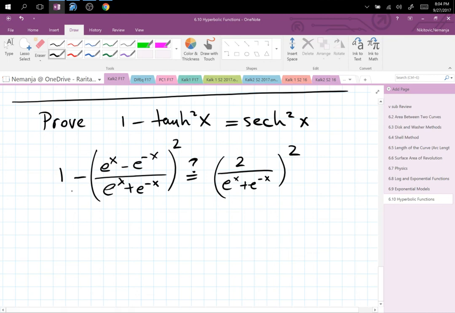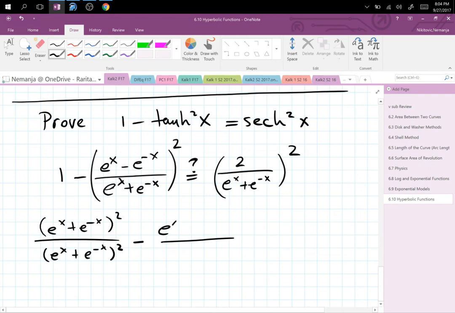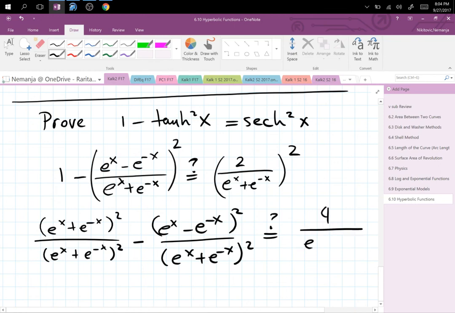Well, I would have to write 1 as (e^x + e^-x)^2 over (e^x + e^-x)^2, minus (e^x - e^-x)^2 over (e^x + e^-x)^2, equals 4 over (e^x + e^-x)^2. So observe that all denominators are the same now, so I don't have to worry about those any longer.